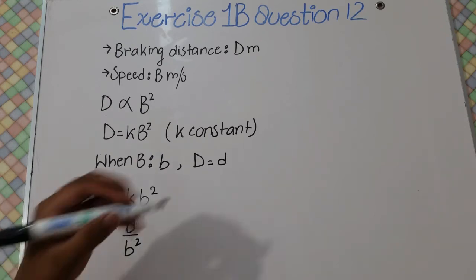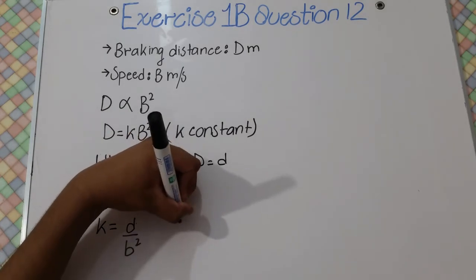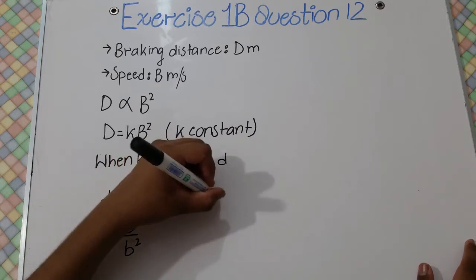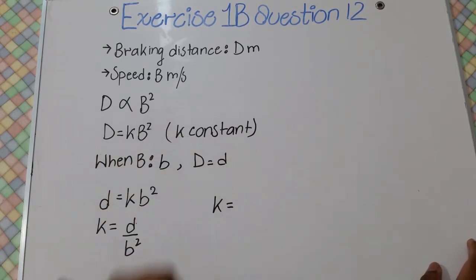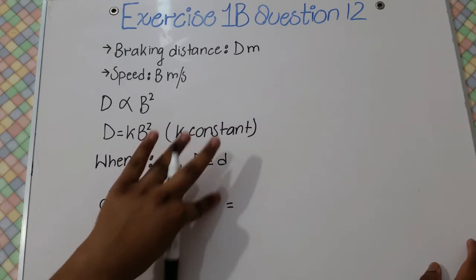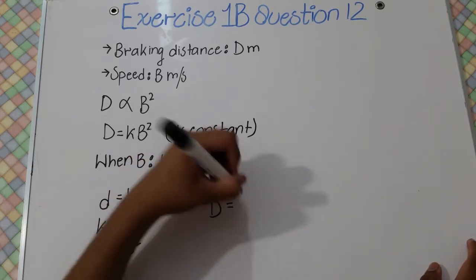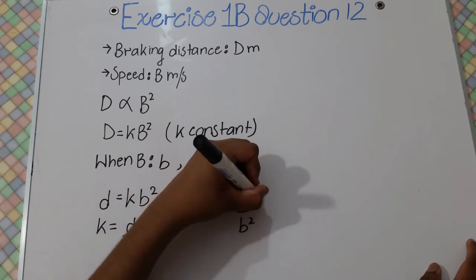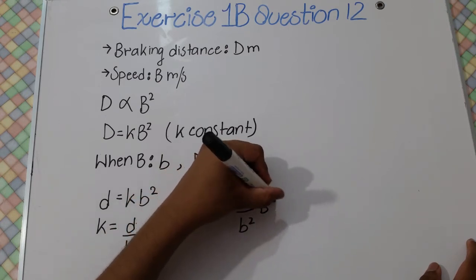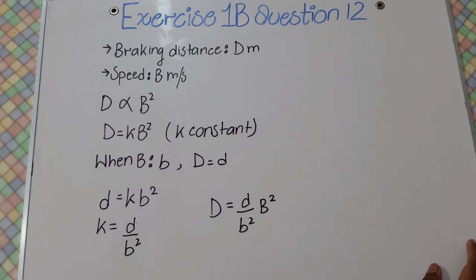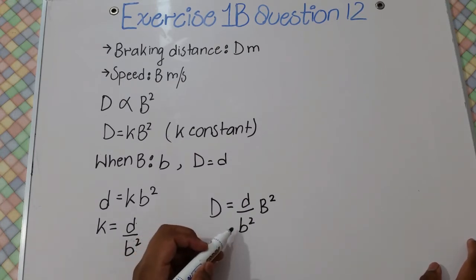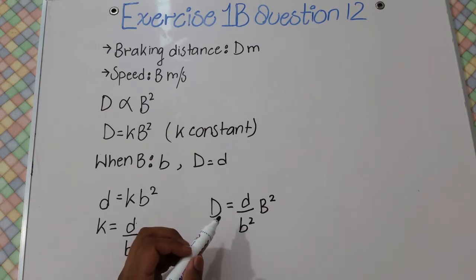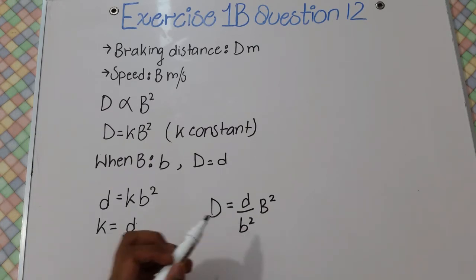The value of K would be D divided by B squared. So K equals small d divided by small b squared, and D equals K times capital B squared. This would be our formula. By using this formula, we are going to find the values in the question.